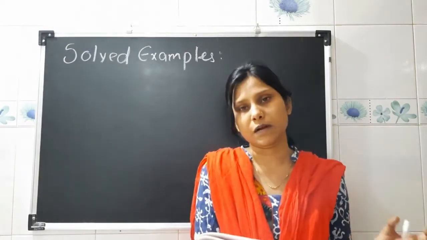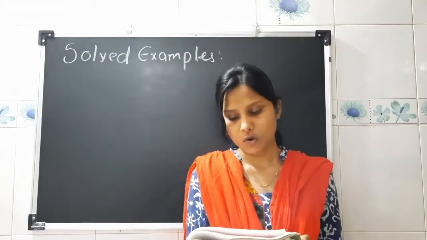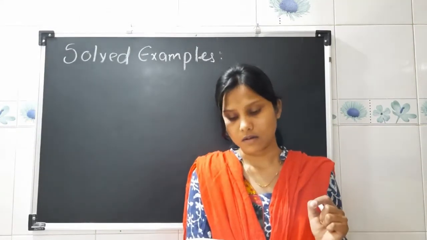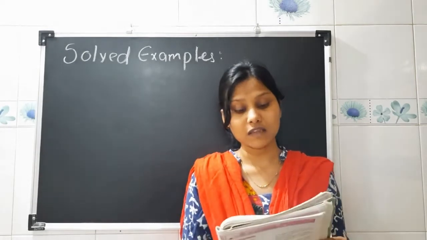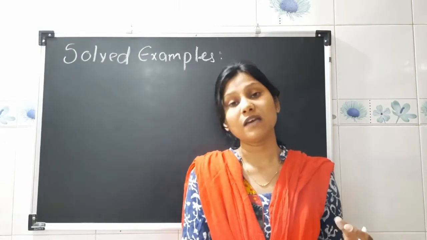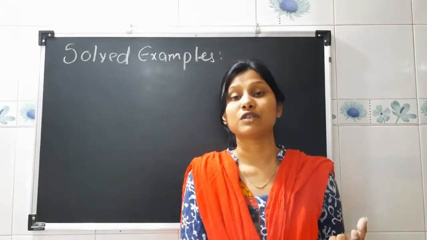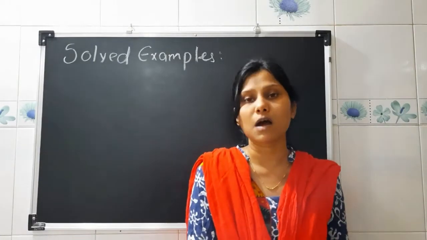Deposited means she kept rupees 15,000 in the bank for 1 year. Here rupees 15,000 is the amount which she has deposited, so this 15,000 is nothing but the principal amount.